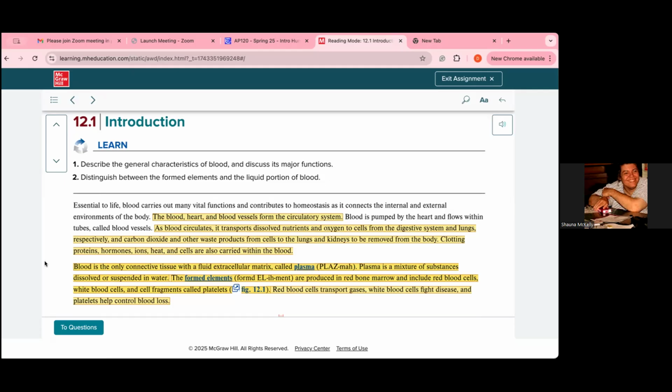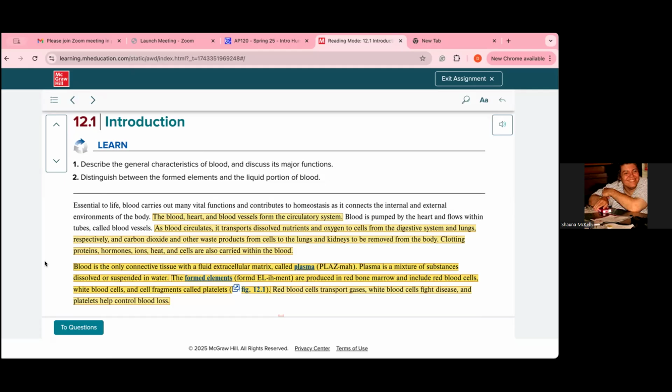The formed elements are produced in red bone marrow and include red blood cells, white blood cells, and cell fragments called platelets. Red blood cells transport gases, white blood cells fight disease, and platelets help control blood loss. Okay.